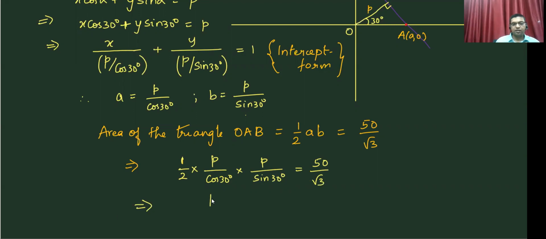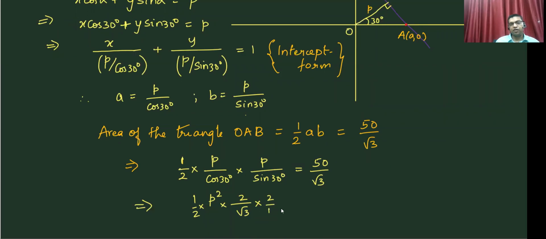So you get half into p square, and cos 30 is root 3 upon 2. So root 3 by 2, 2 comes in the numerator. Sin 30 is 1 upon 2.